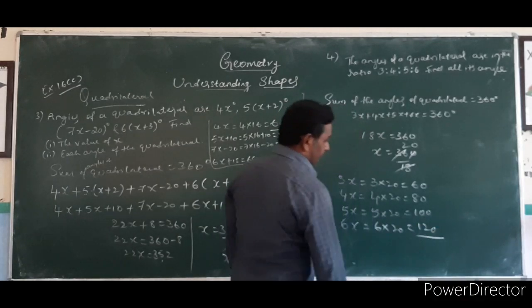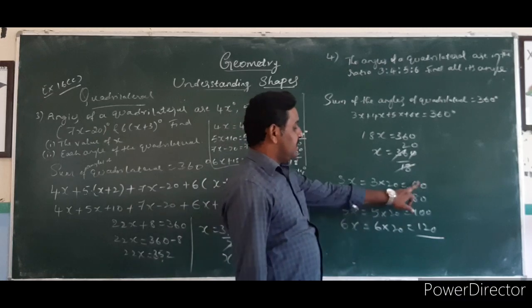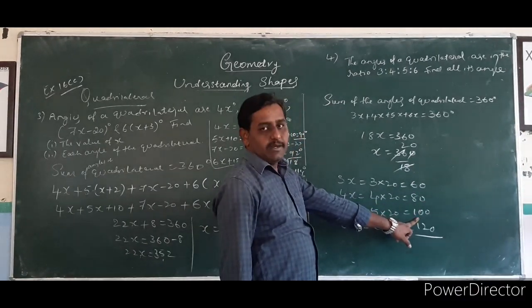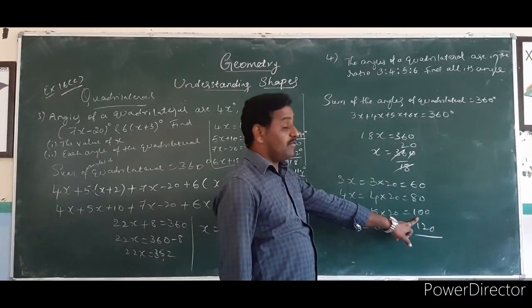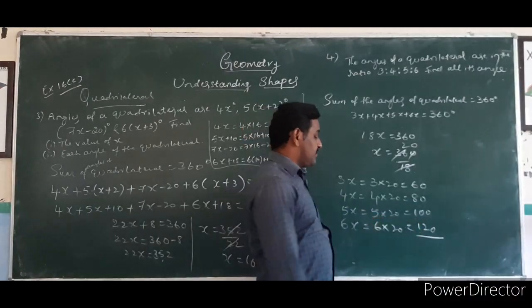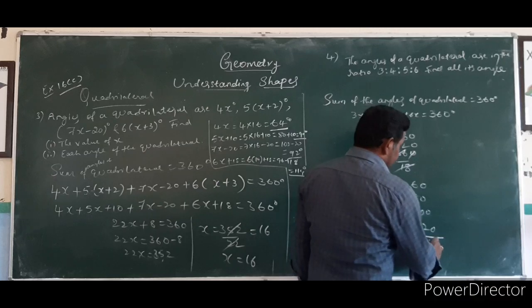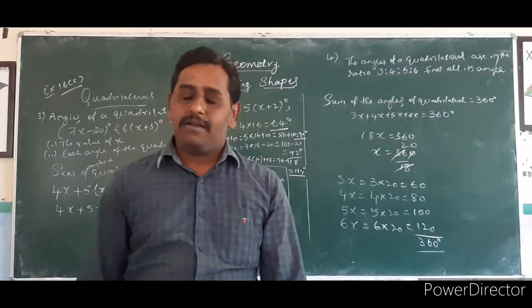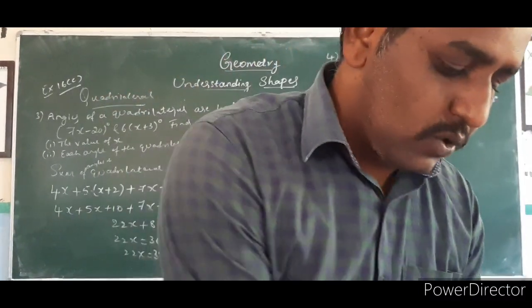If you add all the angles, 80 plus 60 is 140, 140 plus 100 is 240, 240 plus 120 is 360 degrees. Like this you can verify the answer very easily.